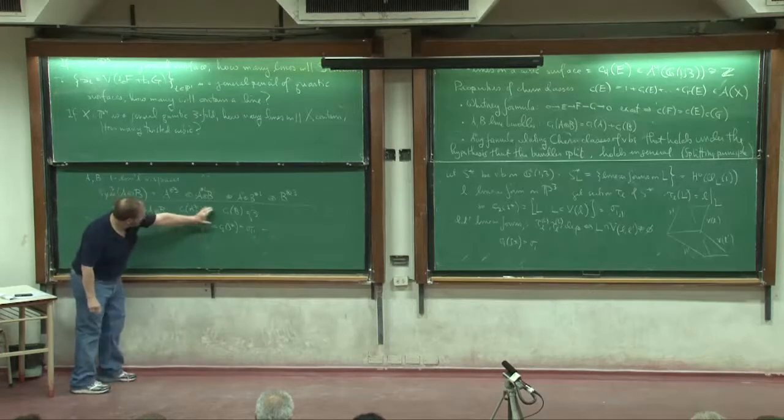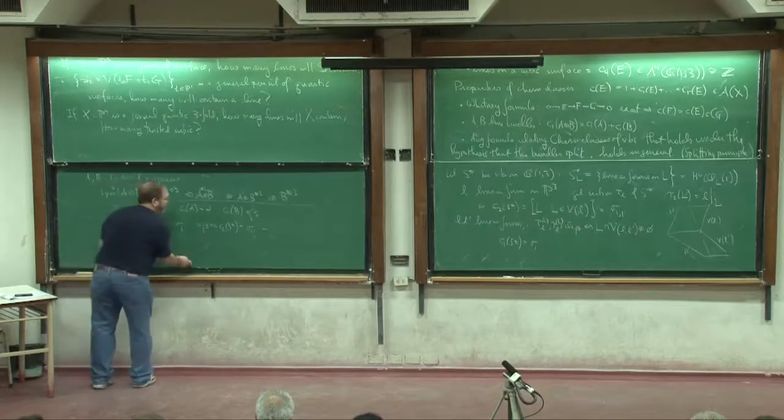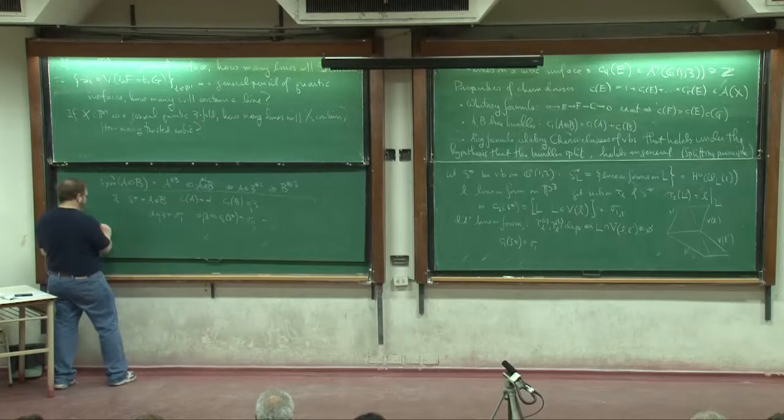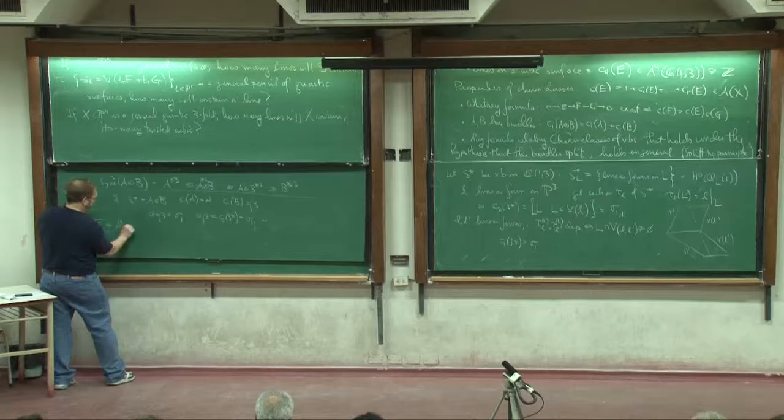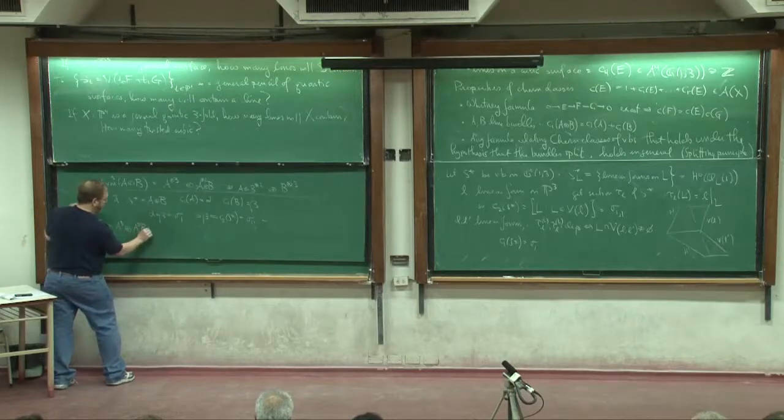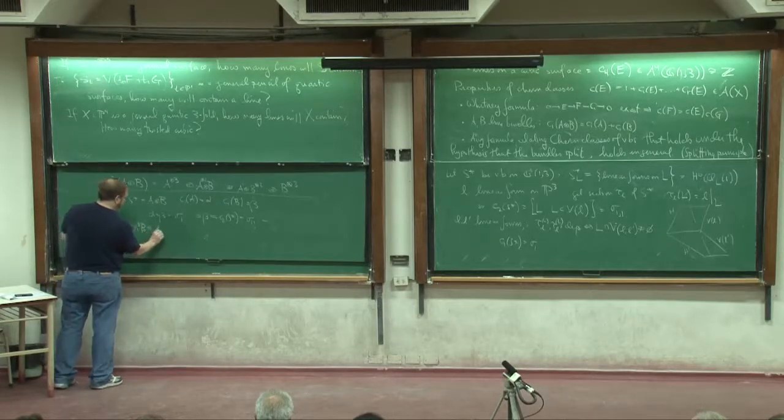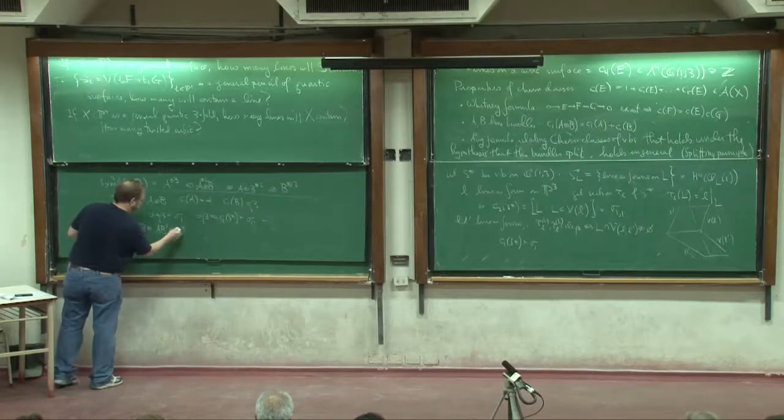Now, if this were the case, then our vector bundle E, the one we really want, would be a direct sum of A cubed plus A squared B plus A B squared plus B cubed.